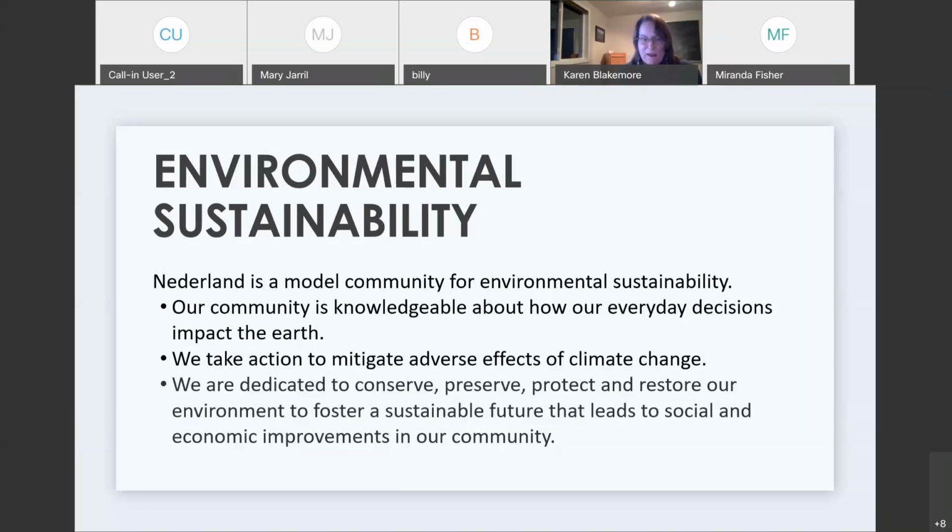There are environmental changes that we can make that will have a positive effect in other areas too, like the economy and society.